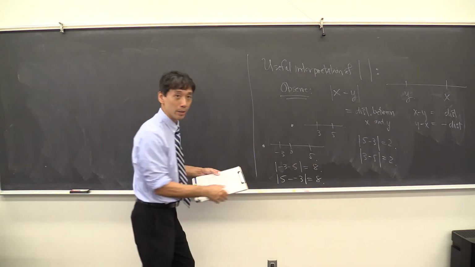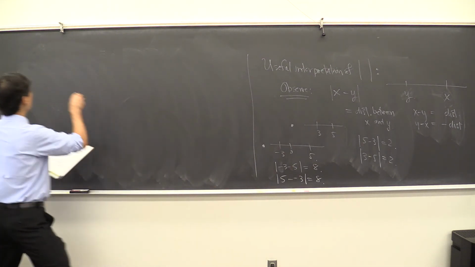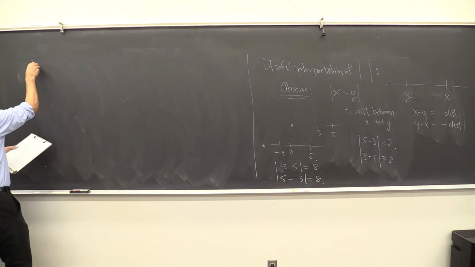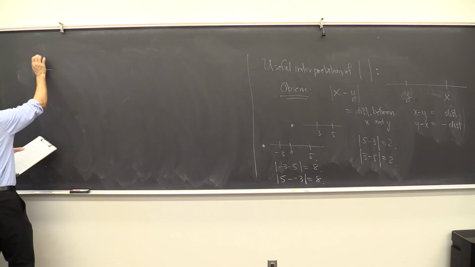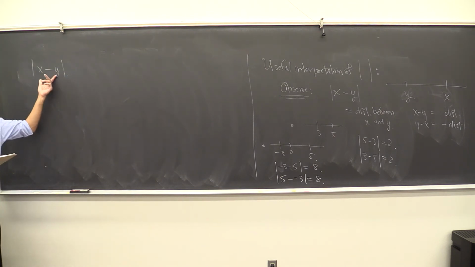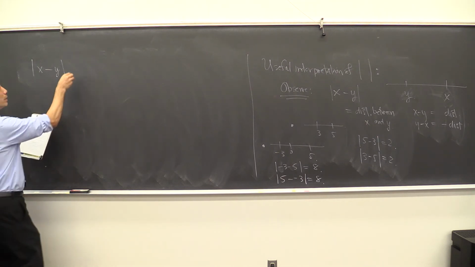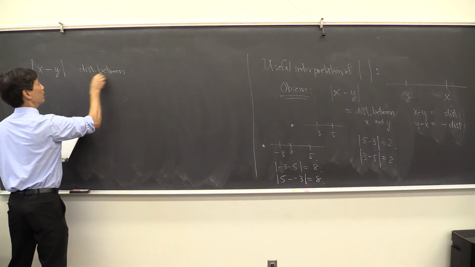What's the point here? The reason I introduced the second example is because if you see something like the absolute value of x minus y, well, that's just the distance between x and y.